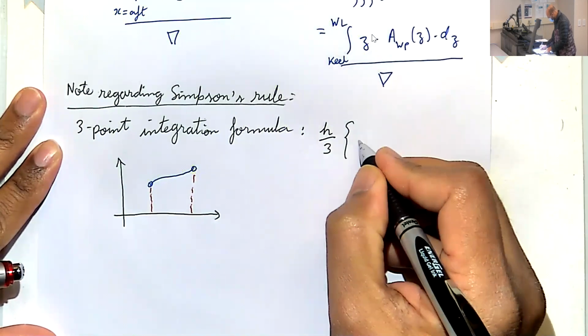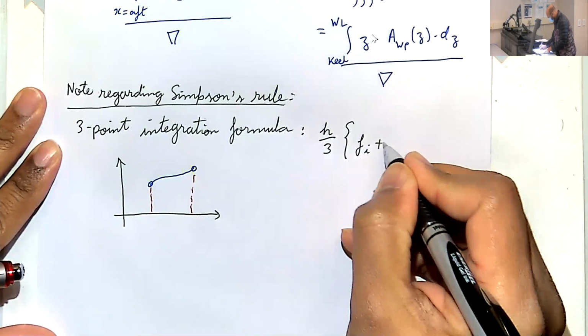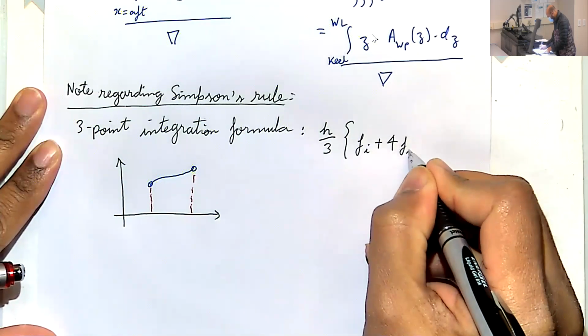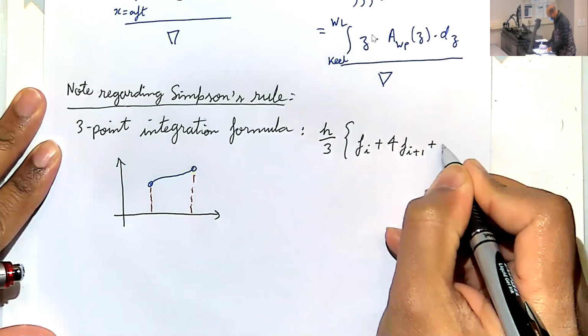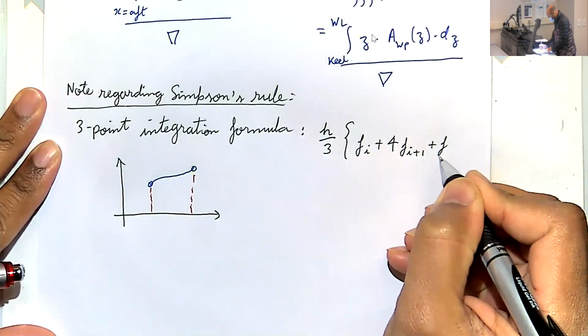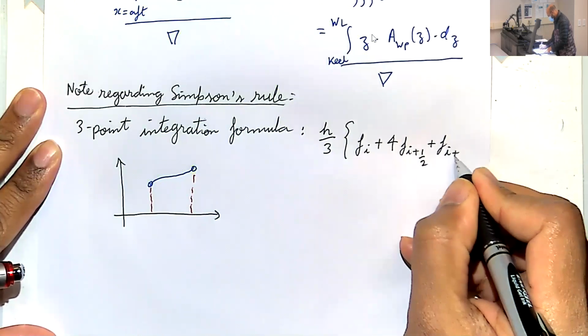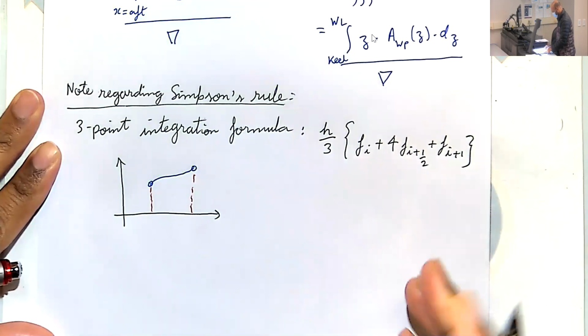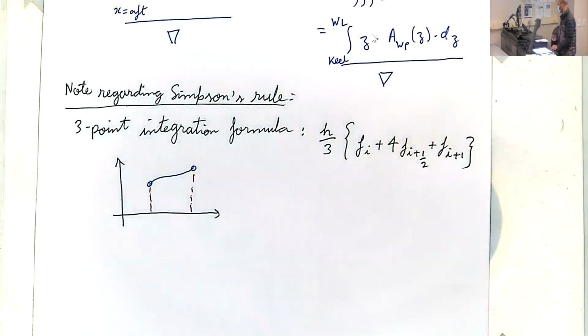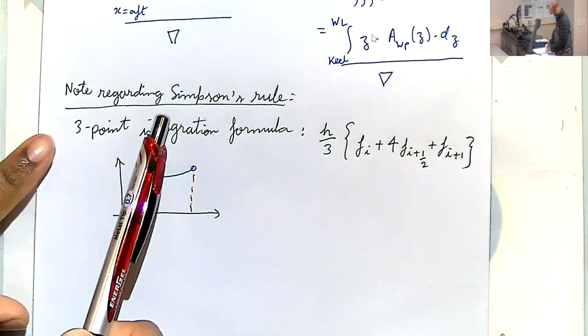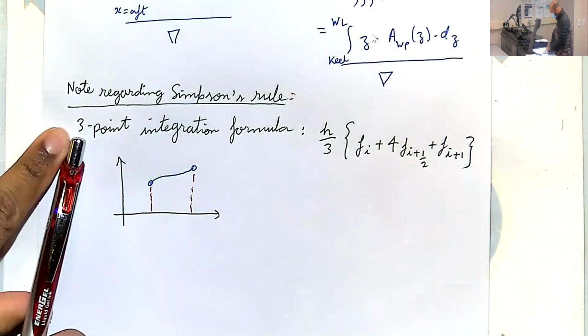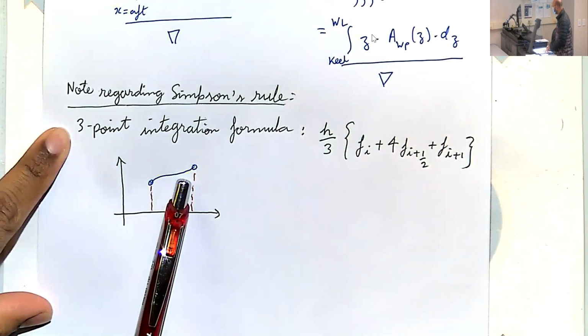So it's f_i plus 4 f_(i+1/2) plus f_(i+1). Okay, so the first thing you remember is Simpson's rule. We need 3 points. We only have 2.